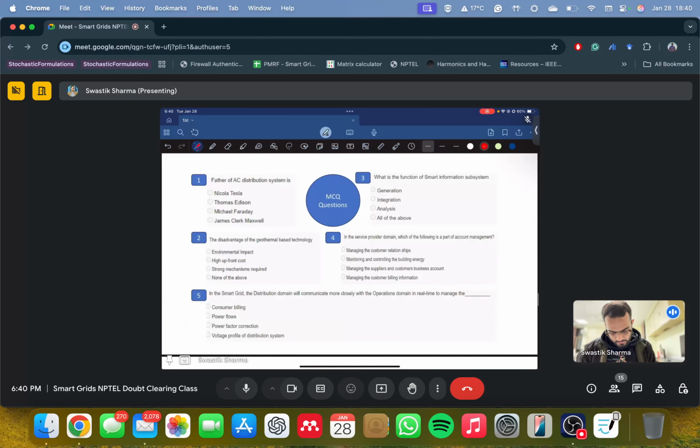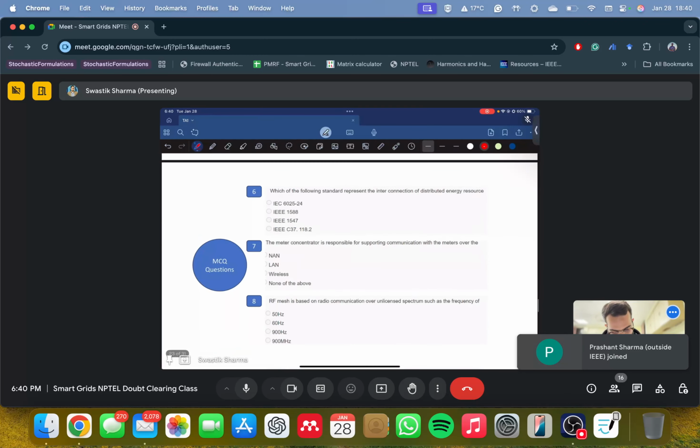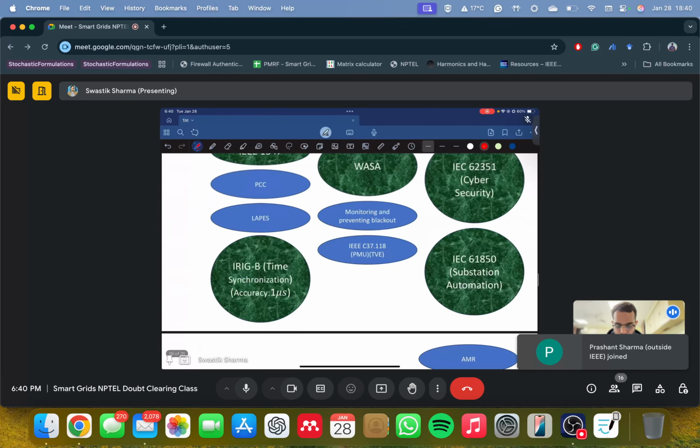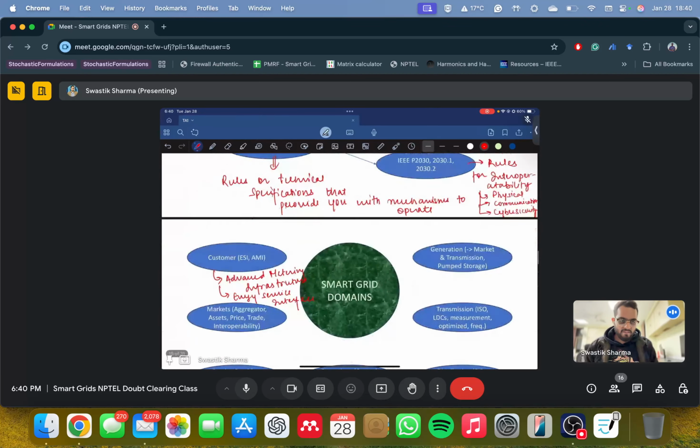I have a question on it. Yeah, energy service. Okay. So advanced metering infrastructure is like automatic meter readers, smart meters. For a smart grid to be called a smart grid, the customers should have these things. As for the energy service interface, let's say you want to have solar PV panels on your rooftops and you want them to be connected to the grid. You should have ESI, energy service interface.